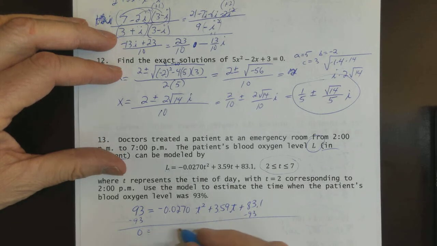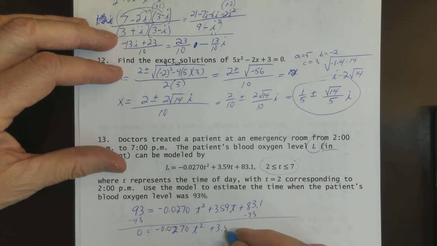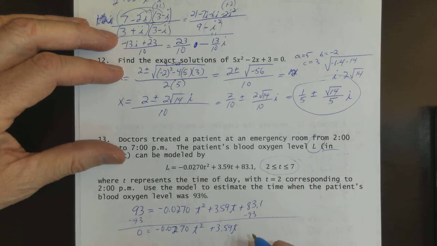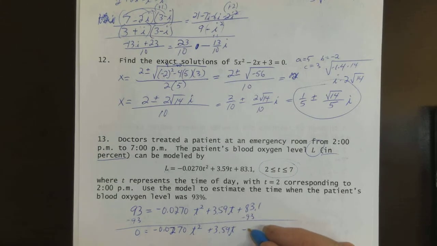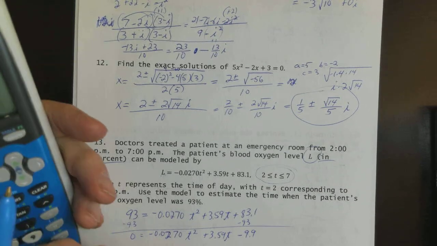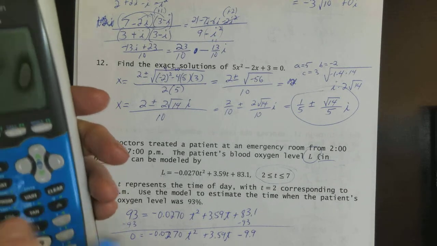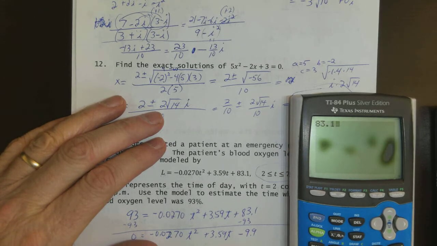I got 0 equals negative 0.0270 t squared plus 3.59 t, and 83.1 minus 93 gives negative 9.9.